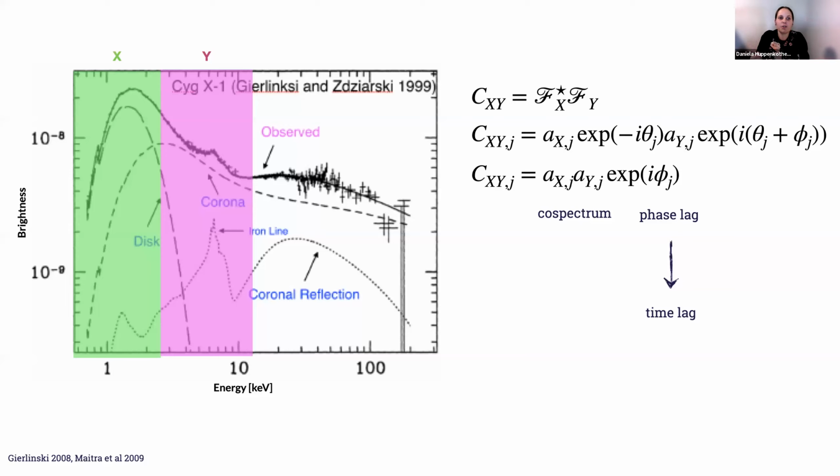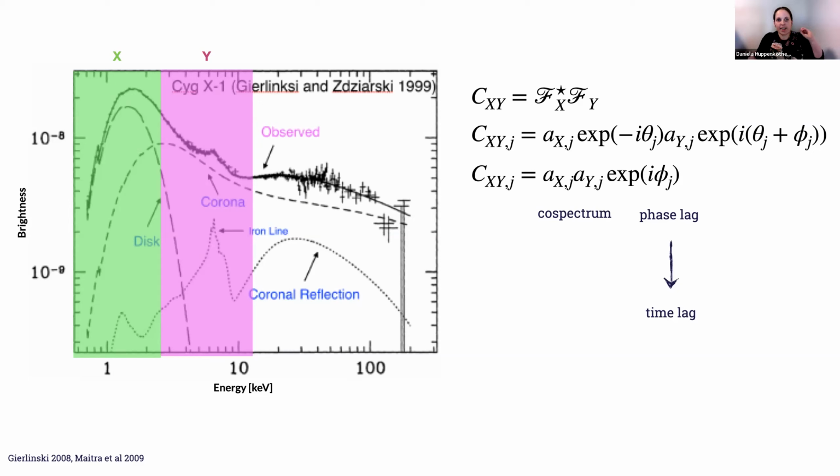Then you take all the photons that are in a higher energy range, and you make another time series out of that. And then you Fourier transform both of them, and you multiply the complex conjugate of one with the other. And so in this second line here, this is what I've written out, under the assumption that the time series in Y is actually just a later version of the time series in X.